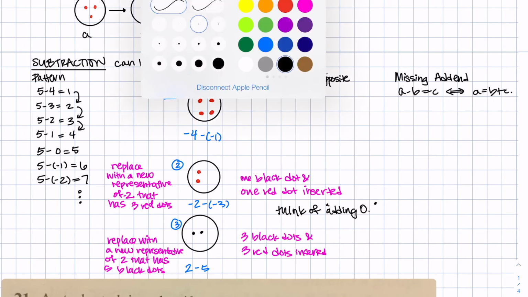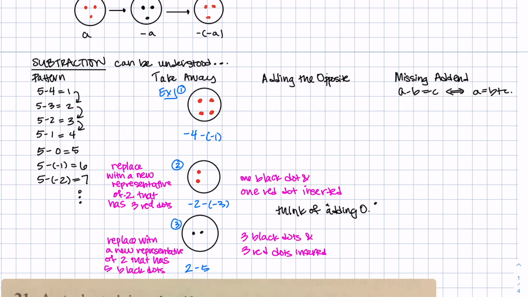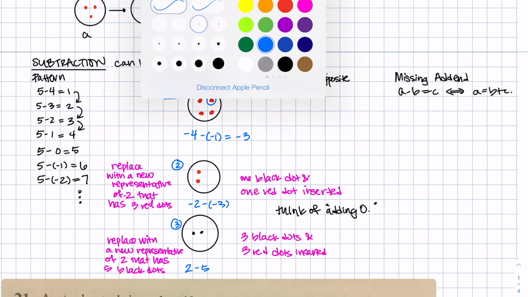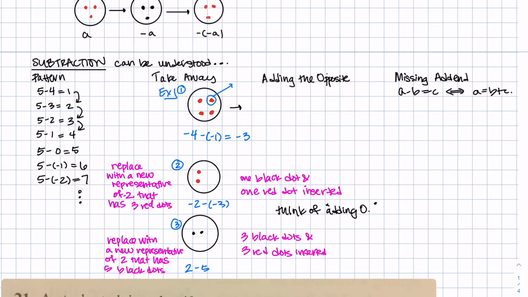And then what I want to do is take away -1 of them. So I'm going to remove -1, and I see that what I'm left with is just -3, right? I'm just left with 3 red chips once I take away one of them.